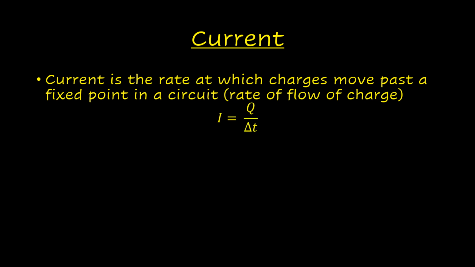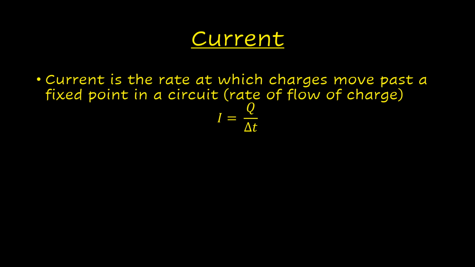In symbols, the current I is equal to the charge Q divided by the change in time, or delta T. The triangle in front of the small letter T is the Greek letter delta, meaning change in.